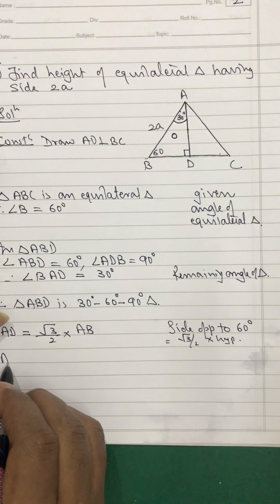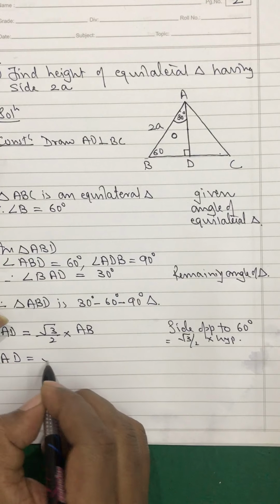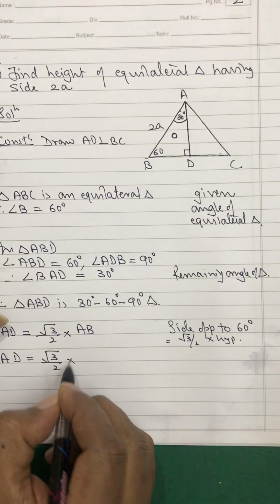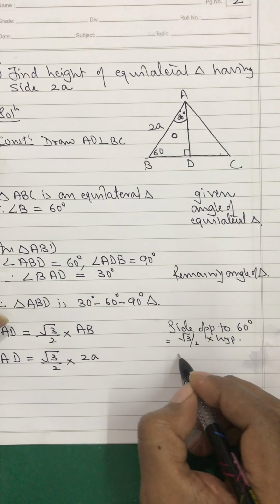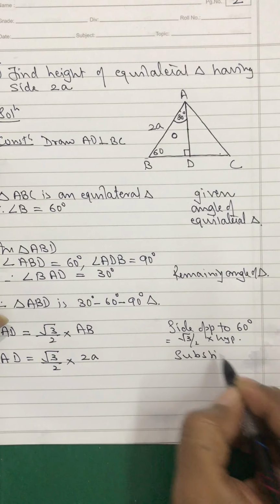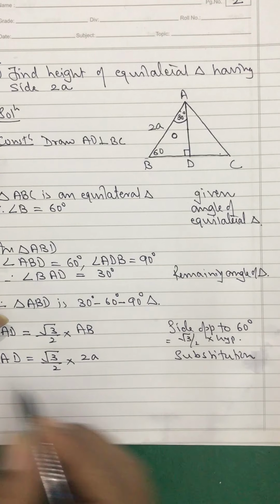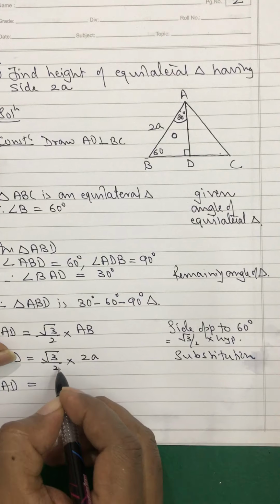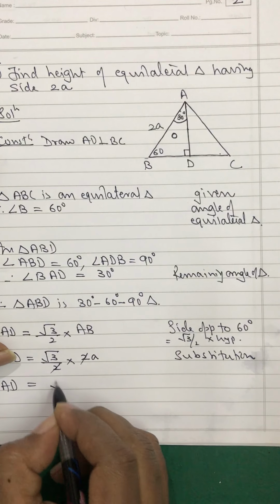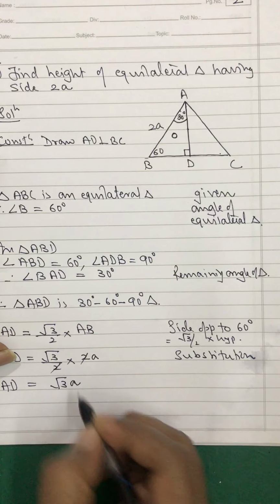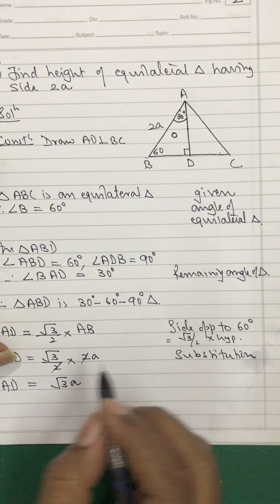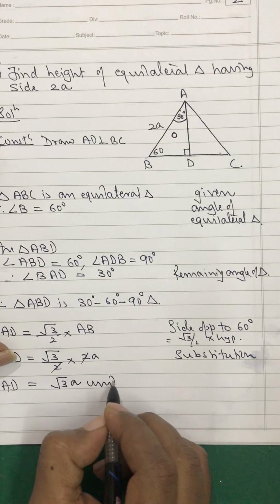So by substitution, AD is root 3 upon 2 times 2A. When you solve this, 2 and 2 go, and you get root 3A. This is the height of the equilateral triangle.